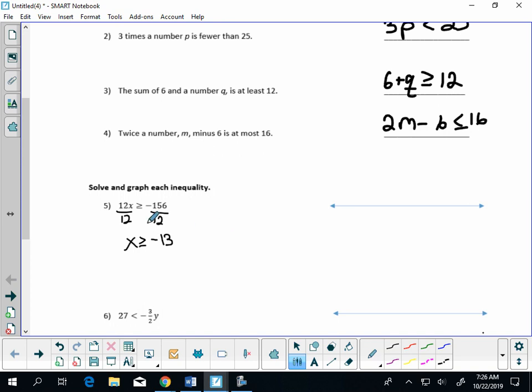I need to get my calculator out and check that. What you do then is you want to graph that, negative 13 in the middle, something bigger, something smaller, and it's going to be a closed dot, and it's going to be shaded to the right.